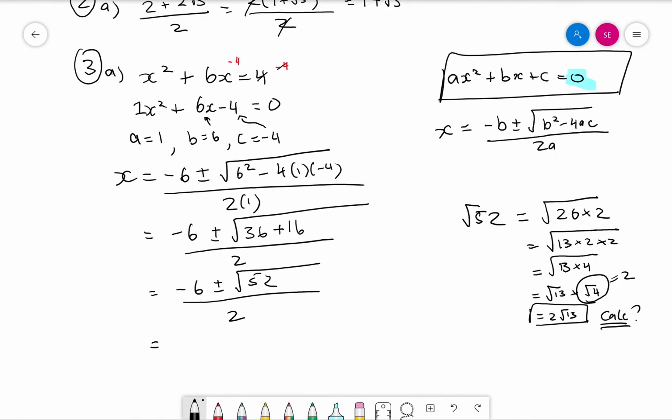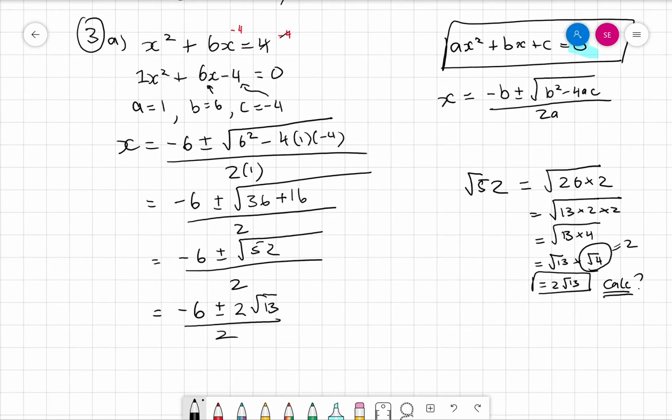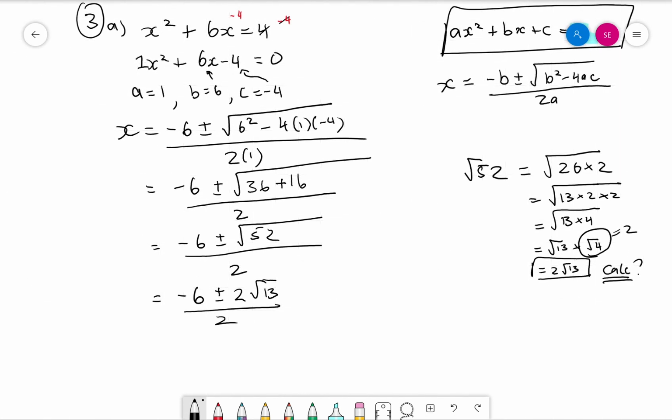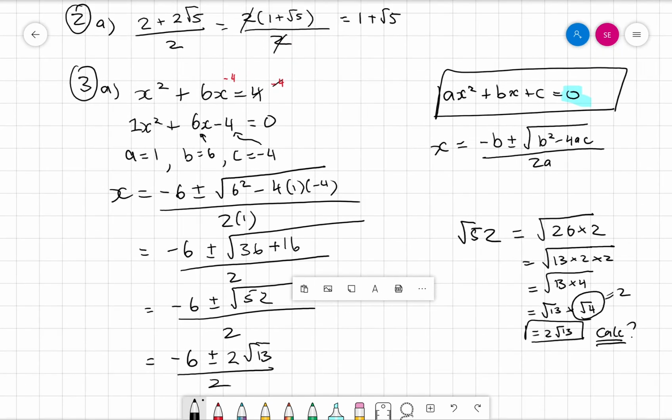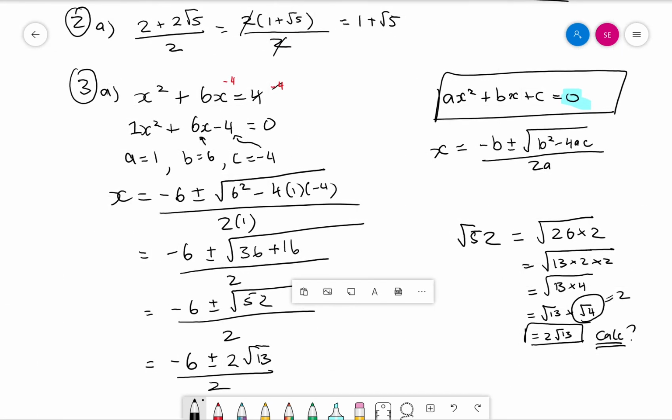So we can simplify this a little bit more. The square root of 52 will become 2 square root 13 over 2. Now, what we'll do is simplify it like we did up here in 2a.